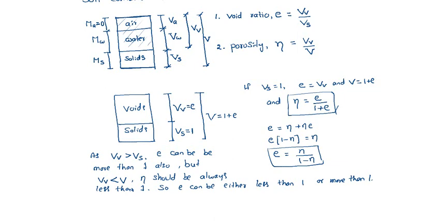Then the next parameter we will see is percentage air voids. We will see it in this phase diagram.